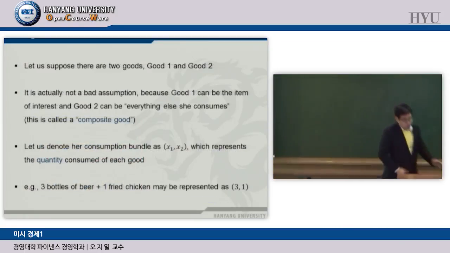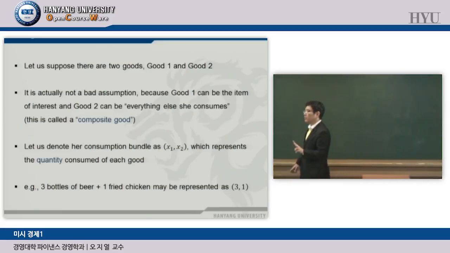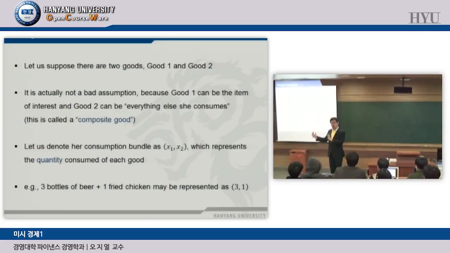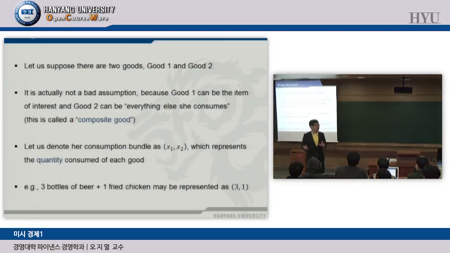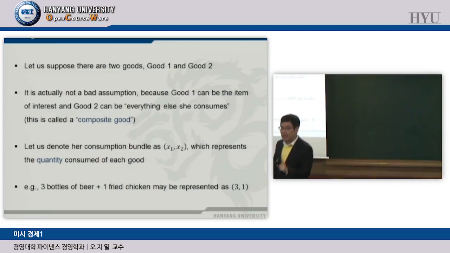Now, throughout the analysis, we're going to use a two-good example, good 1 and good 2. So there are two goods in the economy. You might think, hang on, isn't that simplifying too much? But it doesn't have to be the case, because you can think of good 1 as the main item of interest.